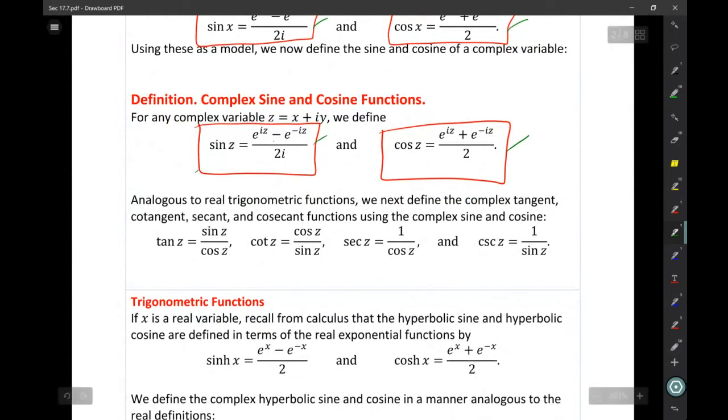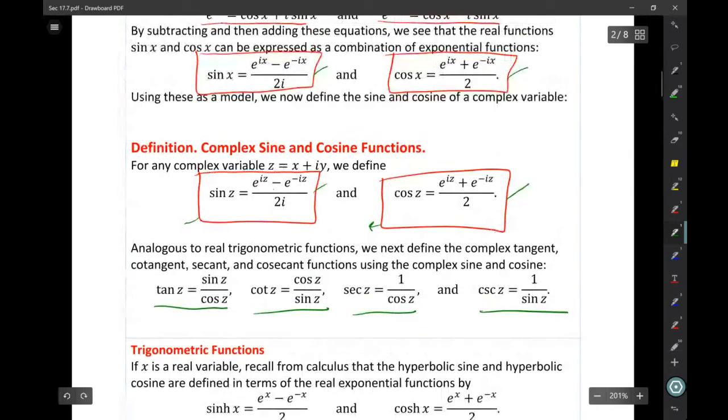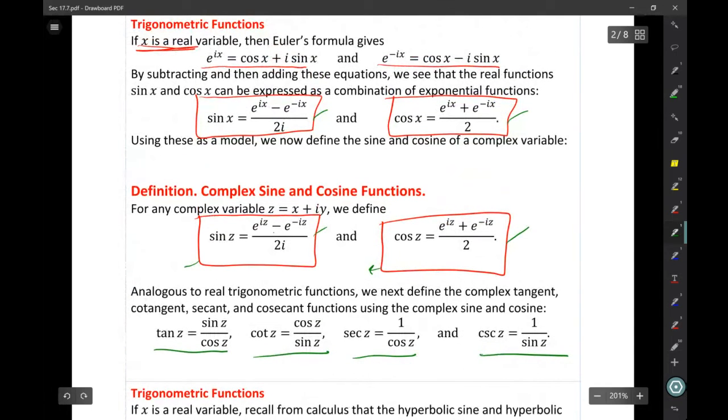Now, because we know the sine and cosine of a complex number, similarly I can define tan, which is sine by cosine, cotan, cosine by sine, secant, 1 by cosine, or cosecant, 1 by sine. The functions sine and cosine are defined on the set of all real numbers.